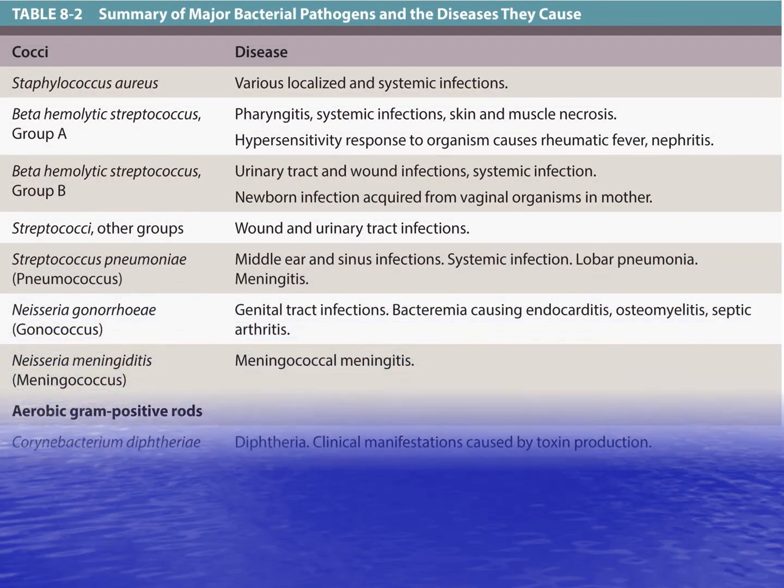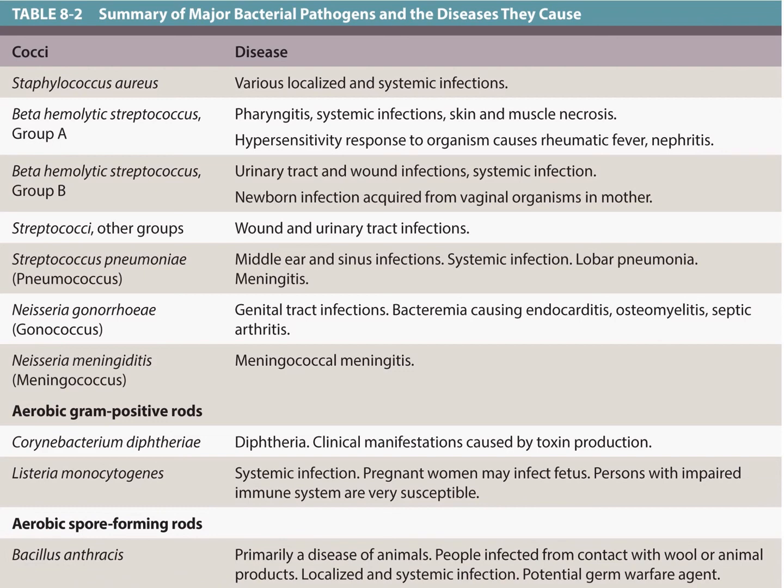So let's look at some of these organisms and the diseases they cause. Staphylococcus aureus. This causes various localized and systemic infections and is one of the more common skin diseases that we see in humans.